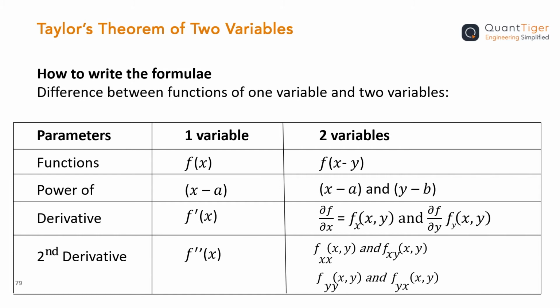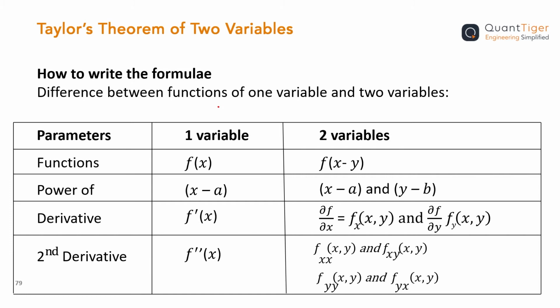Here, for your understanding, I have put the differences between the one variable theorem and Taylor's theorem for two variables in table format, so it is easy to understand and easy to remember also.